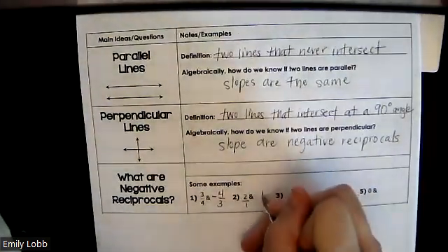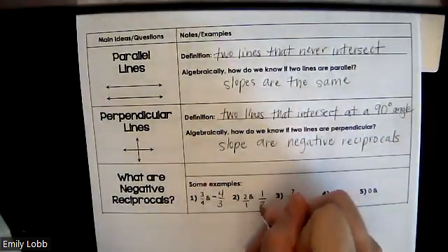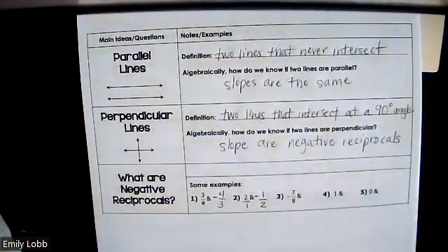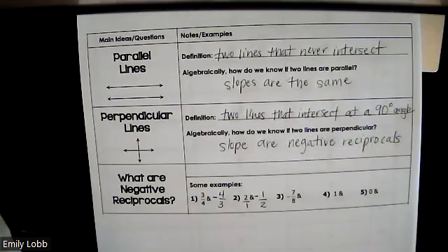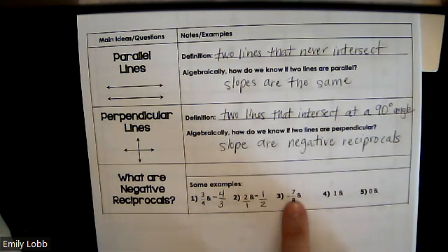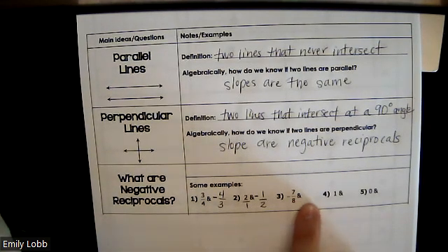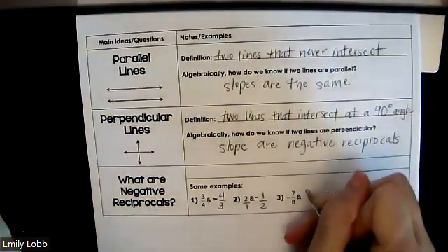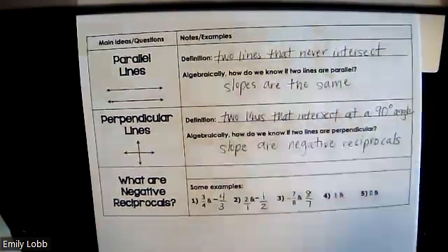So reciprocal wise, we would flip it to 1/2, and then we have to take the opposite of it for a negative reciprocal. How would we do number 3? What would be the negative reciprocal of negative 7/8? So if it was negative, it would become positive. And if we were flipping it, what would go to the top? 8 over 7.